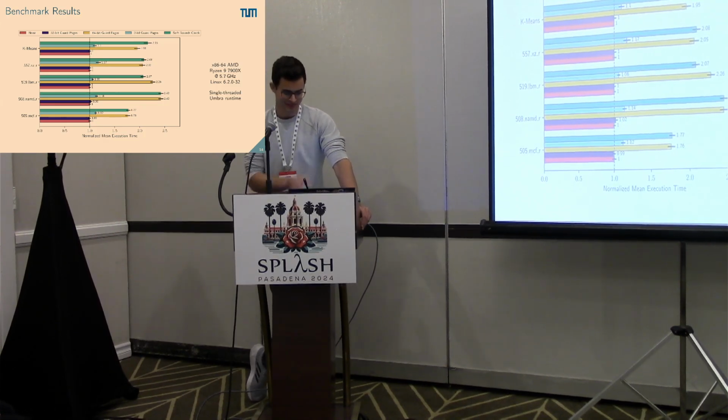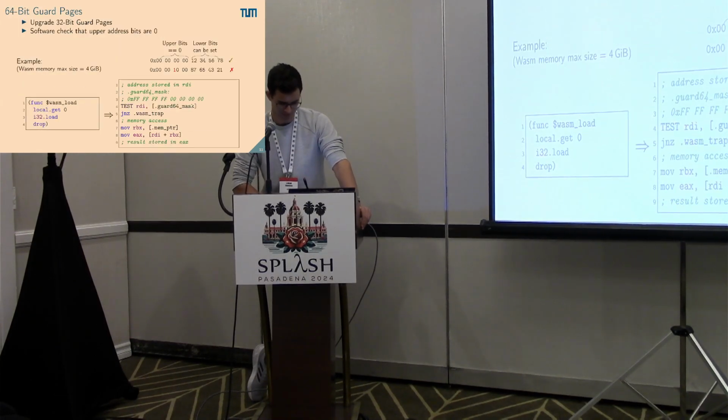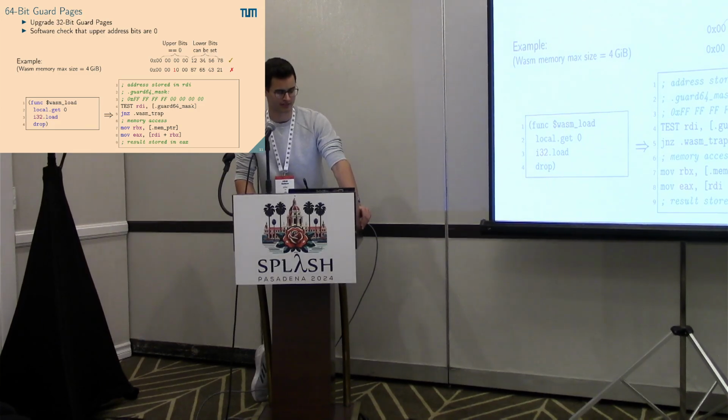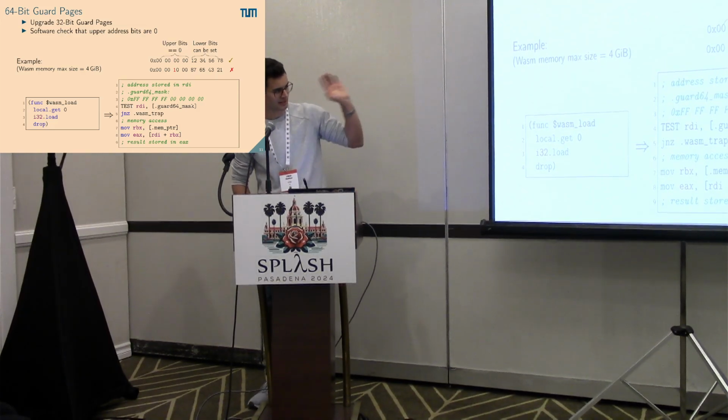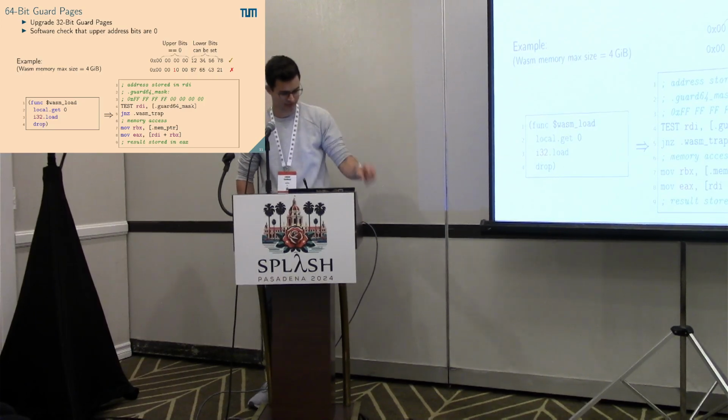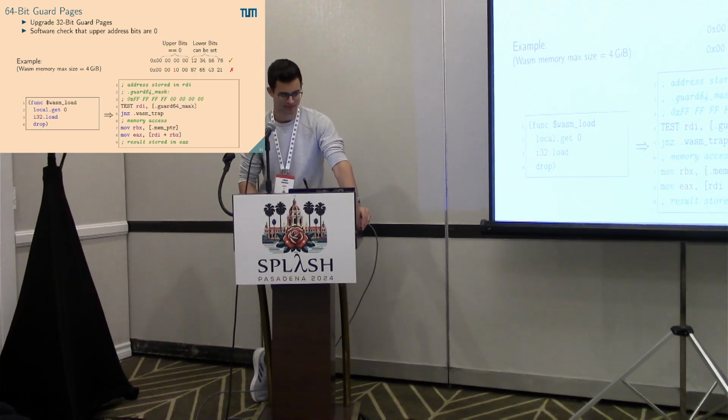Yes, for the 64-bit guard pages you have the additional branch instruction. And if I jump back, you have to store this mask somewhere. So either this is a second memory access, or you have a register that you block for this. We checked multiple ways to do this, a test with memory or using a register. This was actually the fastest one, so we stick with loading from memory, because that's then in your cache and it's pretty fast.